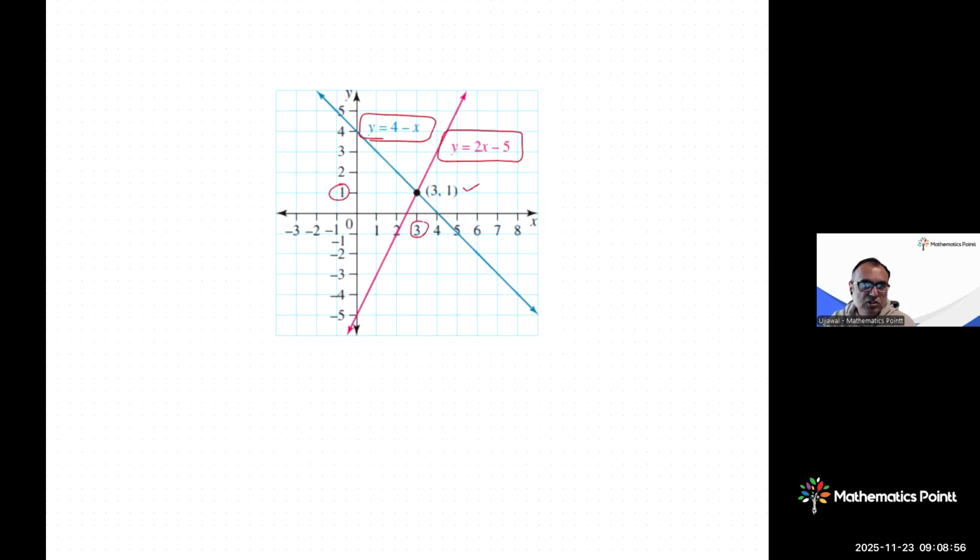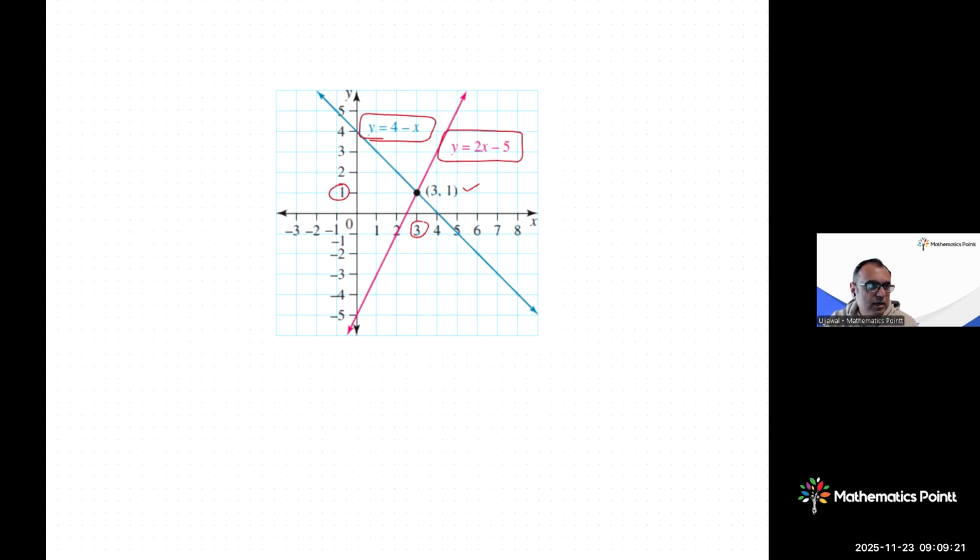Now, as long as this is on the graph, it's absolutely fine. Let us say that I am not given this graph, and I'm just given the lines, and I'm asked to find the intersection point of the two lines.